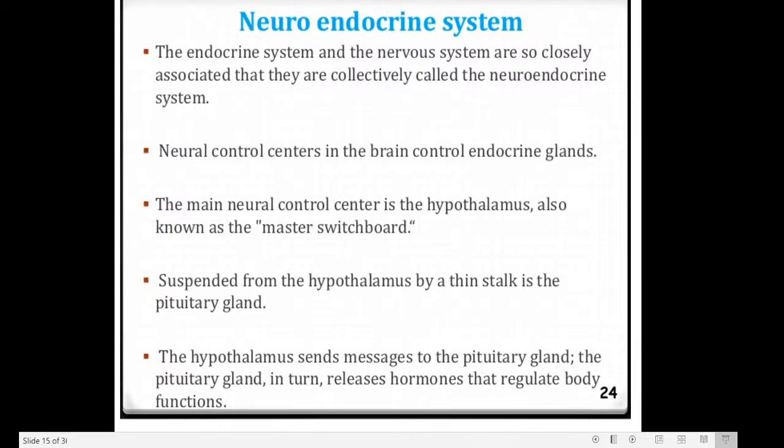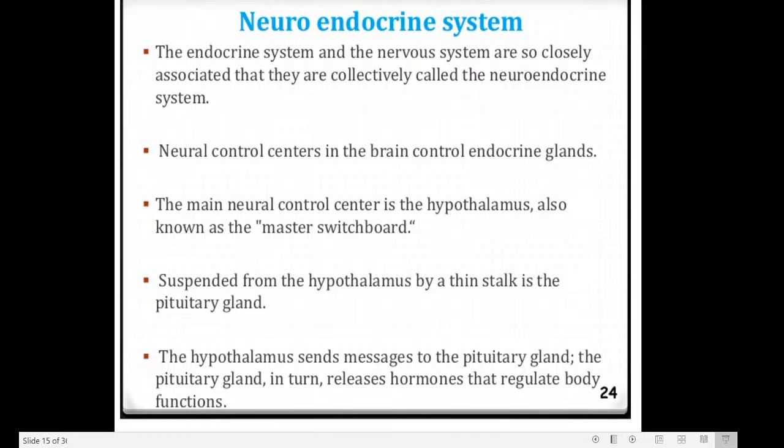The endocrine system and the neuronal system are also closely associated. So that system is called the neuroendocrine system, and its control centre is the hypothalamus. It's a master switch, and the pituitary gland is suspended from the hypothalamus by a thin stalk.